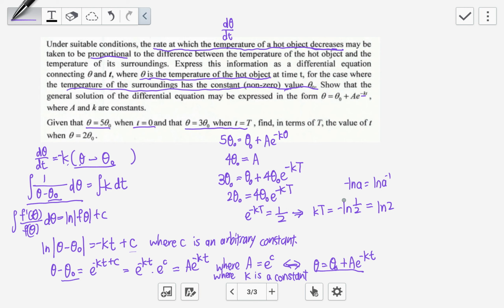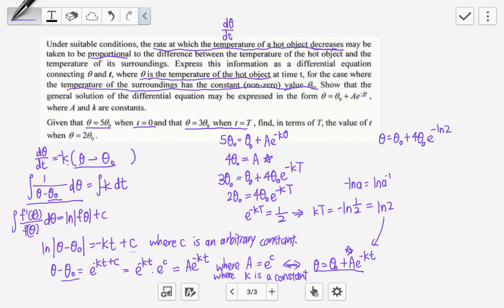and we are asked to find the value of T. So KT equals ln 2, and we'll substitute back into this equation and we will get theta equals theta naught plus 4 theta naught e to the minus ln 2.